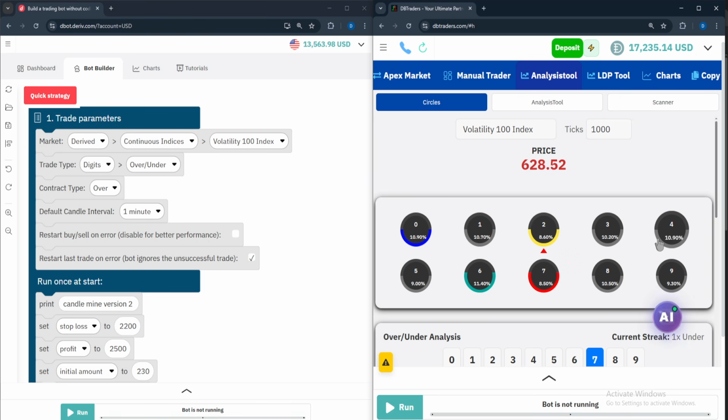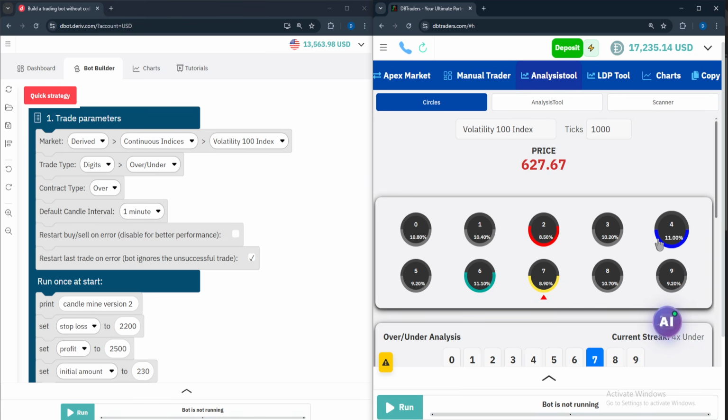The second condition: ensure 0 has a percentage of less than 8.5%, and ensure 9 has a percentage of more than 12.5%. 0 below 8.5, 9 above 12.5. Now, the third condition: ensure 8 is more than 10.7%.